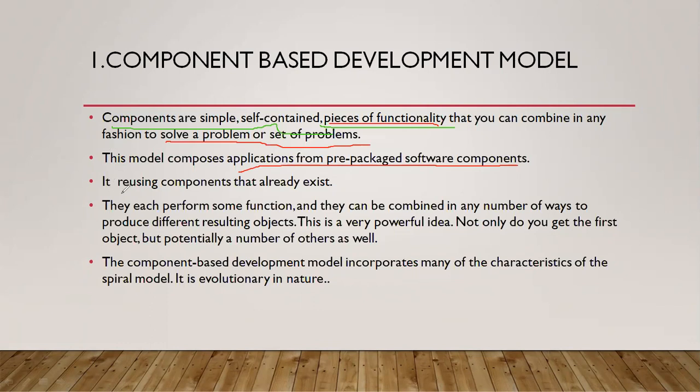See the third point: reusing components that already exist. In this model, we reuse the components which already exist in the market. Each component performs some function, and they can be combined in any number of ways to produce different resulting objects.